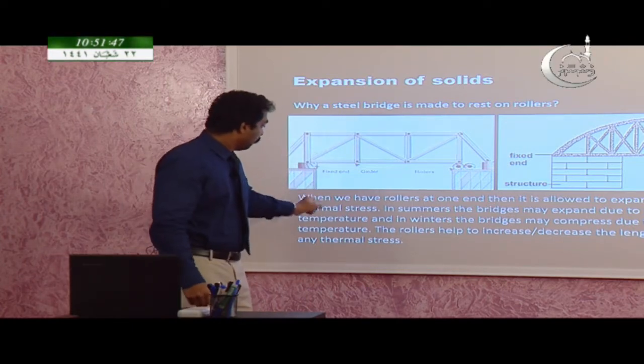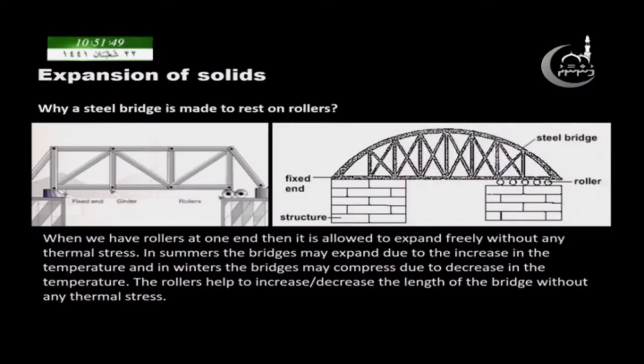Now here, when we have rollers at one end, the bridge is allowed to expand freely without any thermal stress. In summers, the bridge may expand due to the increase in temperature, and in winter, the bridge may contract due to the decrease in temperature.